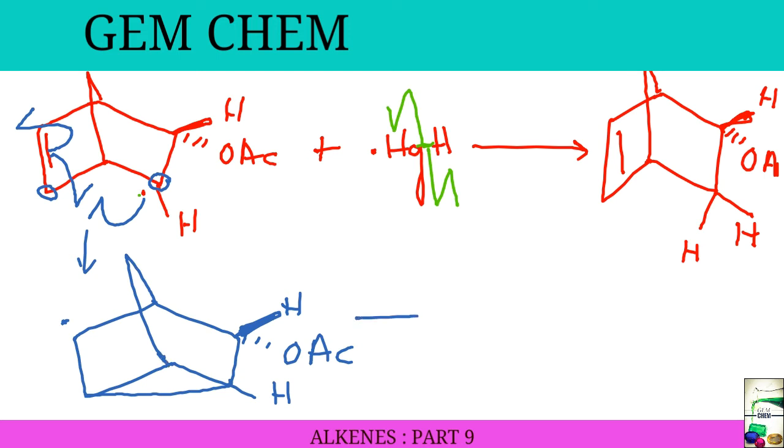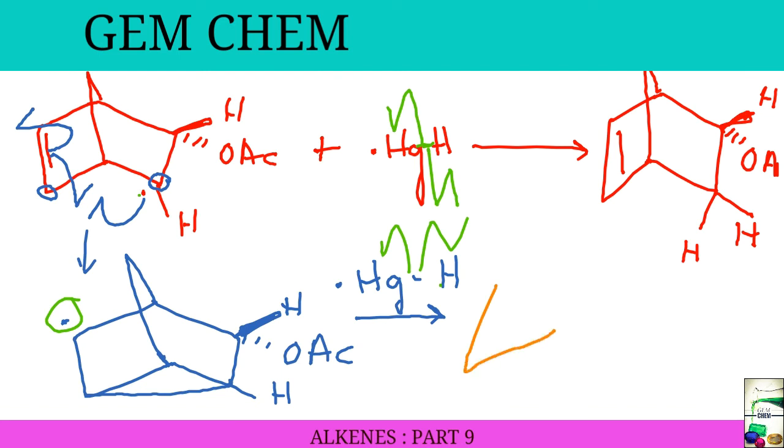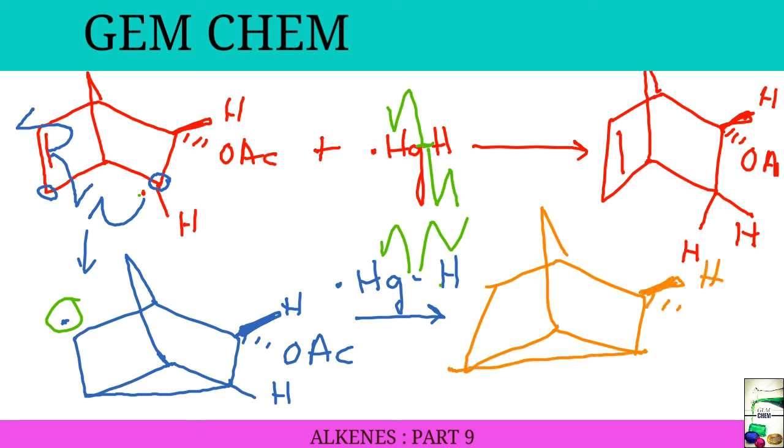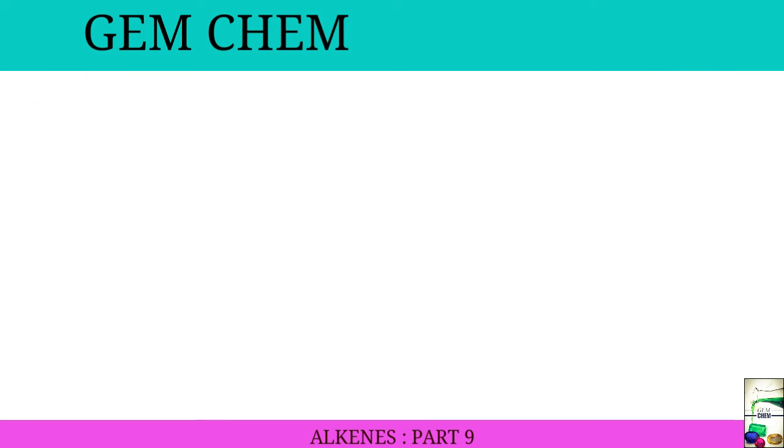Then again we add HgH dot. So again this one cleaves homolytically, and this hydrogen comes here with a dot. So the ultimate product in this case is this one. That is, the same thing, here hydrogen, and here OAc. So this is our product. So see, this is the second product which is obtained from the same parent free radical. Now we will deal with the last one.